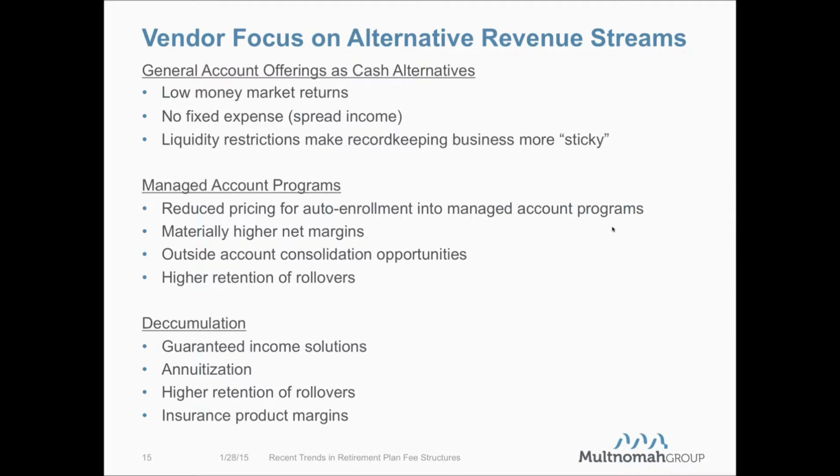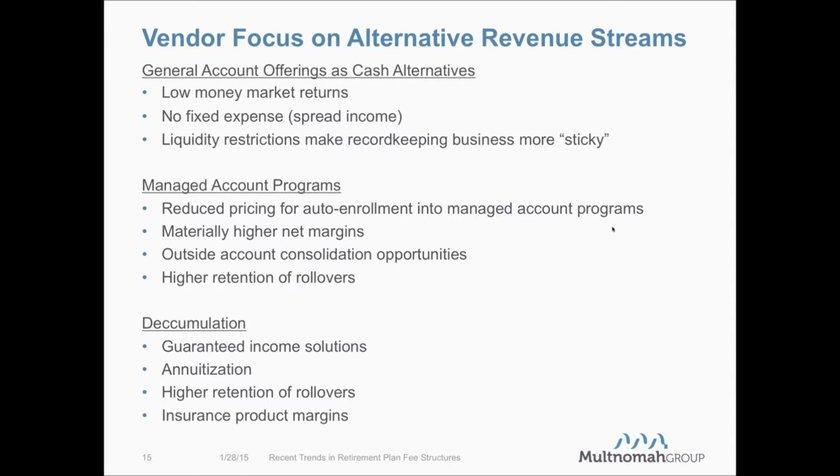So again, it reduces the amount of leverage plan sponsors have and increases margins, but all 4 of these, proprietary investment management, general account offerings, managed account programs, and decumulation, are all huge issues. And all of them in some way, form, or fashion are really tied to the issue that we have a baby boom generation who by and large is still in the marketplace, but at an increasing rate is coming out of qualified retirement plans.